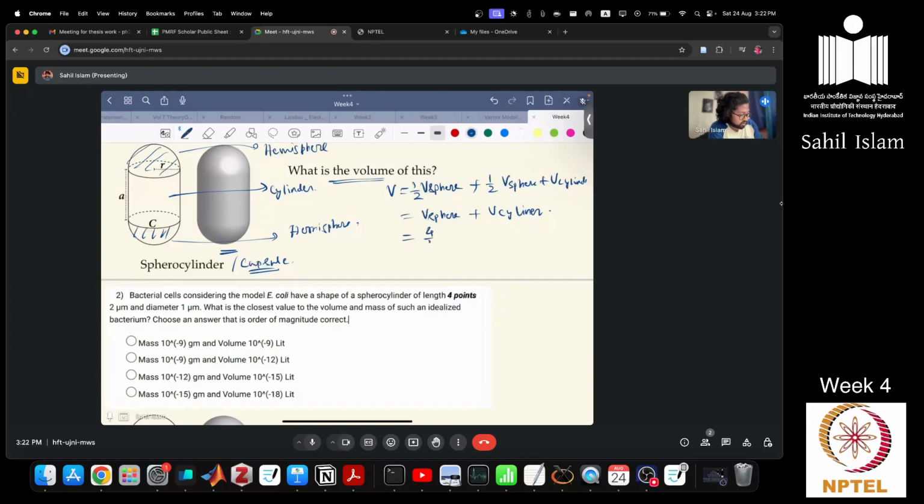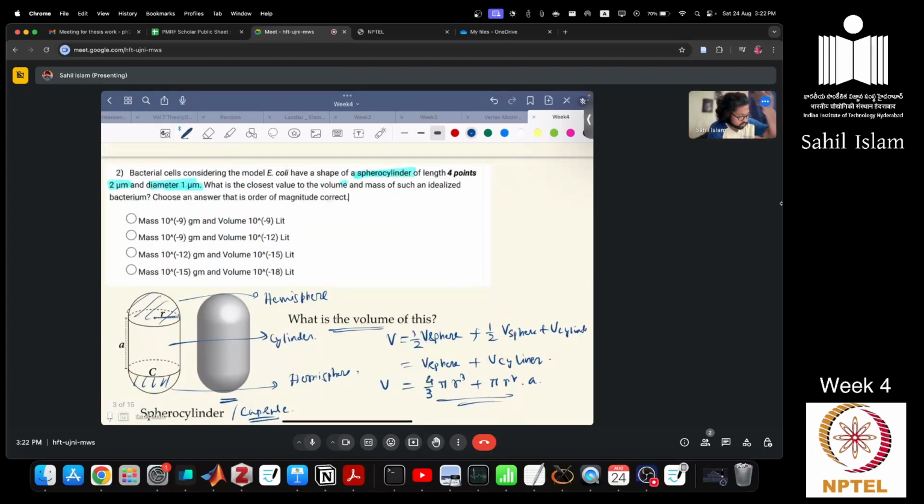This is 4/3 pi r cubed, where r is the radius, plus pi r squared times a for the cylinder. This is the volume. Now the question is volume and mass of such an idealized bacterium.